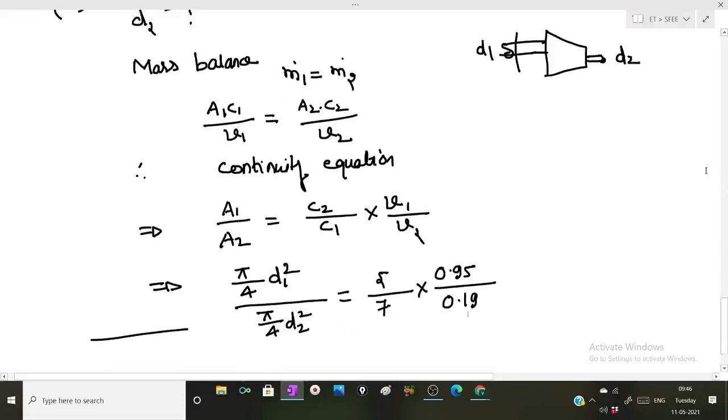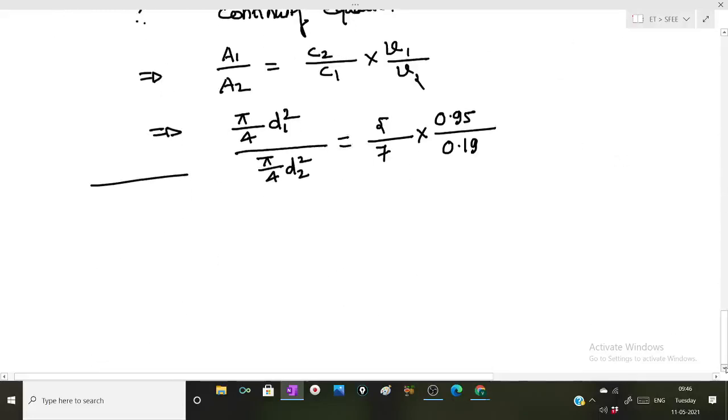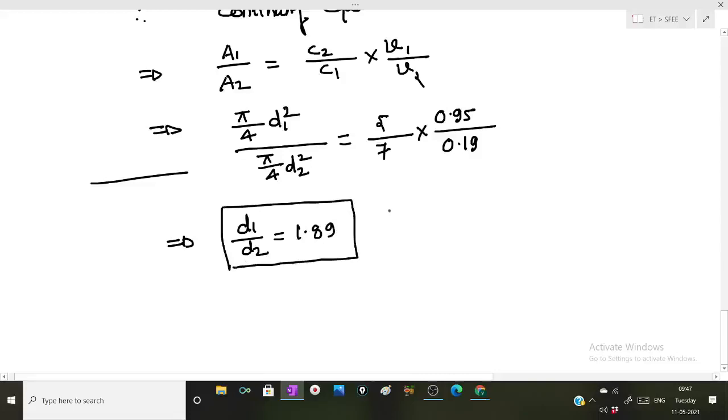Since all the terms are ratios of the same quantities, units will automatically get cancelled out. So after simplifying this, d1 by d2 I will get as 1.89. So this will be the required answer, and this way you can solve the problem.